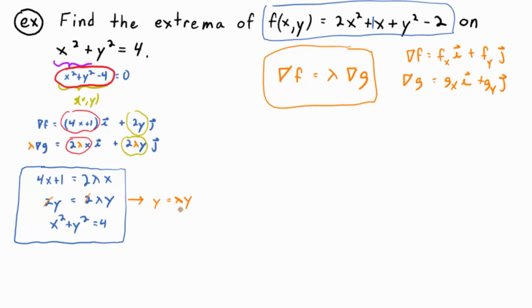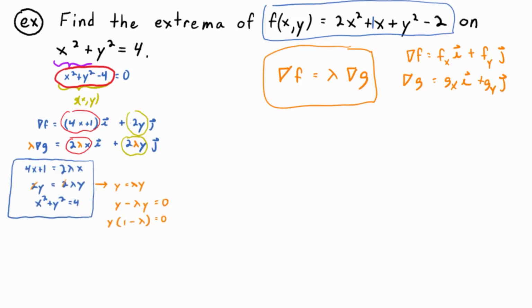So what I would do is subtract lambda y from both sides, set it equal to 0. Then we can pull out a factor of y, can't we? And what's left if we do that? 1 minus lambda. And you guys know what to do from here. You set both factors equal to 0, right?